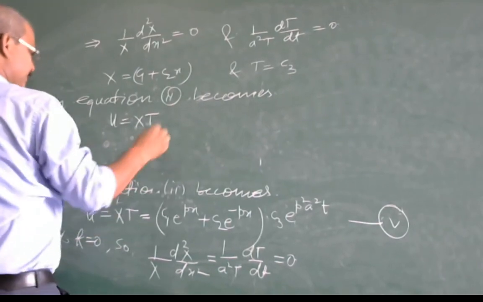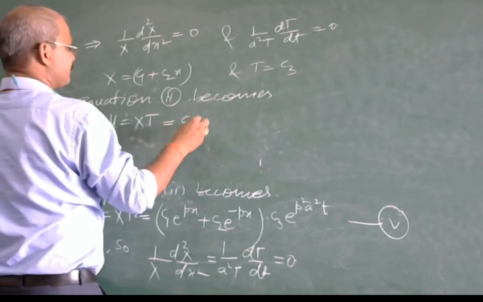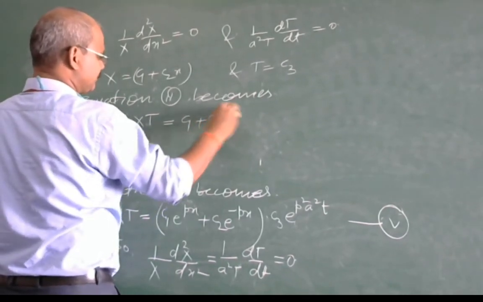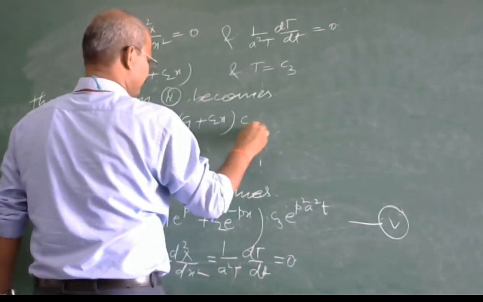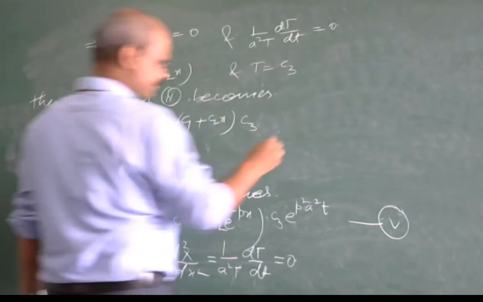Okay, students. Now x is again c1 plus c2x into c3. This is 6th number equation.